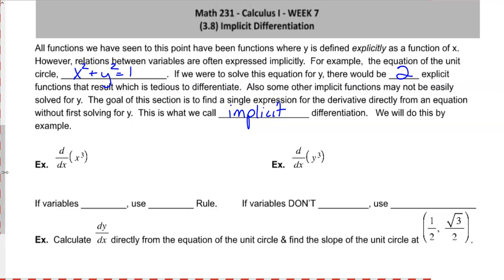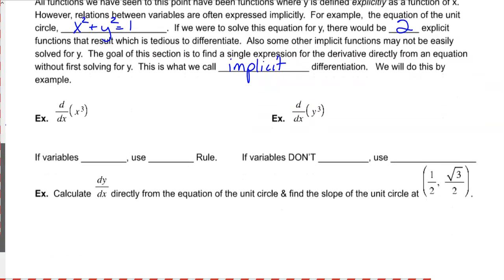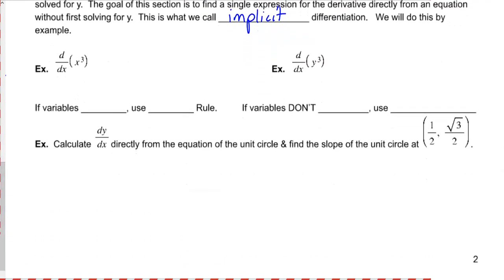So the first ones I'm just going to do are these two very simple monomials: the derivative with respect to x of x cubed and the derivative with respect to x of y cubed. Now, what you want to be conscious of whenever you're doing implicit differentiation is to see if our variables match. These are the same variables, and everything that we've done up to this point has been basically with respect to x.